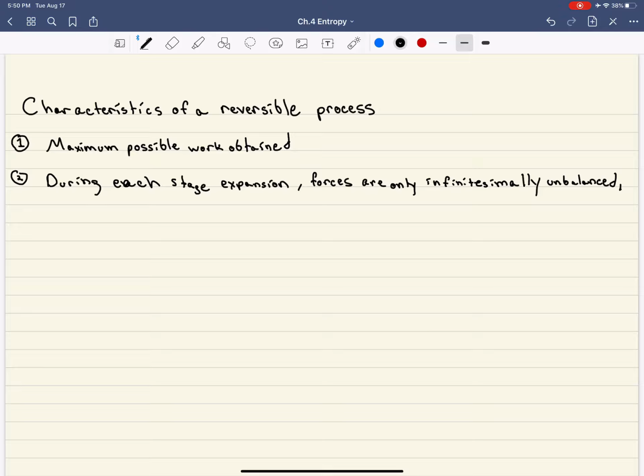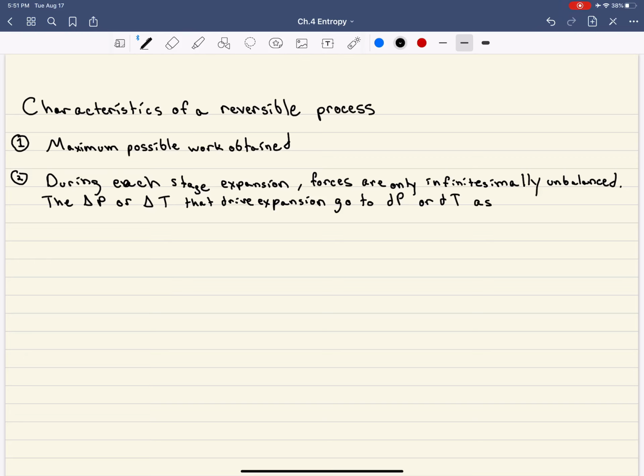And so then that means, for expansion to occur, the differences in the pressure or the differences in the temperature that drive the expansion had to be so small that they become essentially continuous derivatives. So they become a derivative of pressure or derivative of temperature.